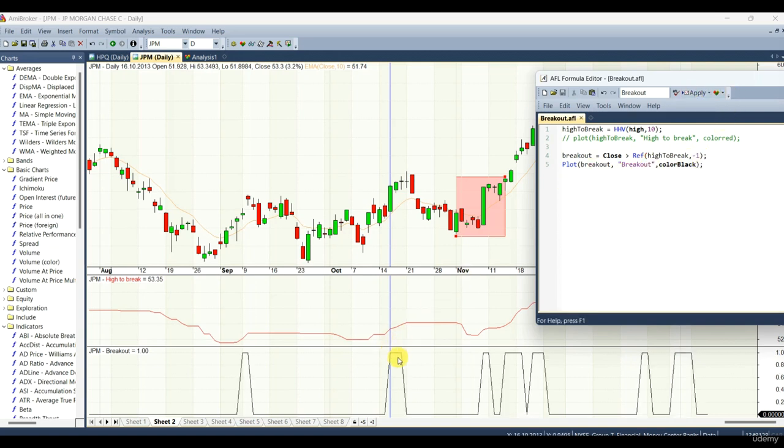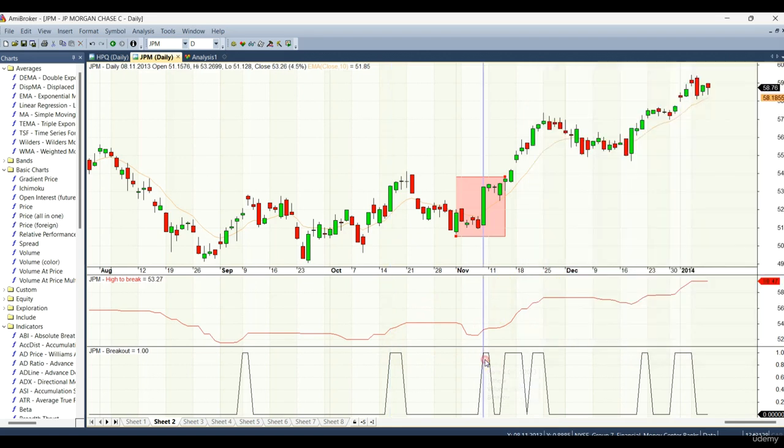and now we see some true values. You can see here that breakout is 1 or true right here. Here it is 0. So this indicator, our breakout, now has values either 0 or 1. 0 here, 1 here. Why 1 here?